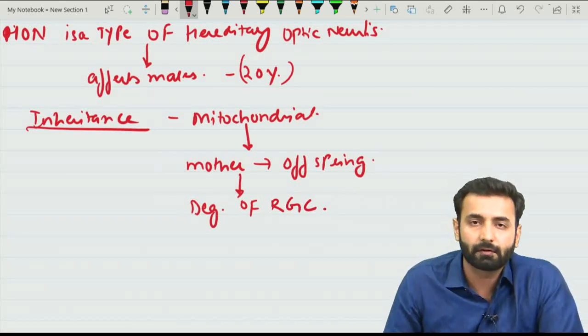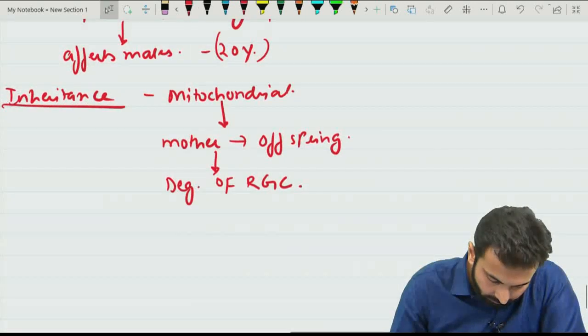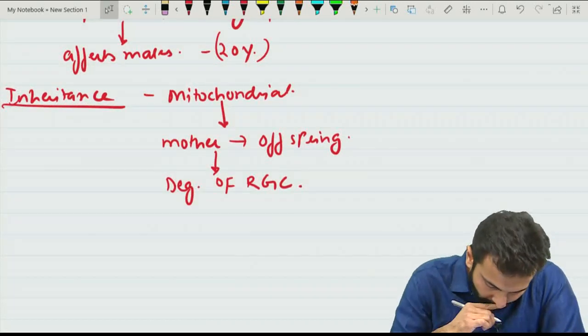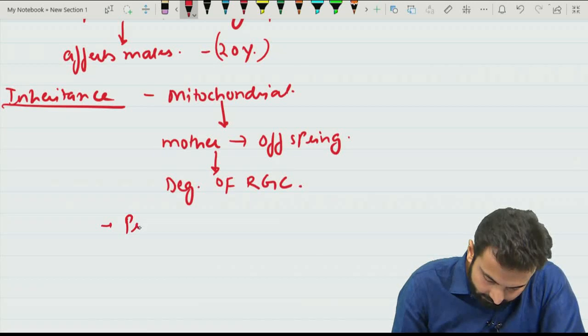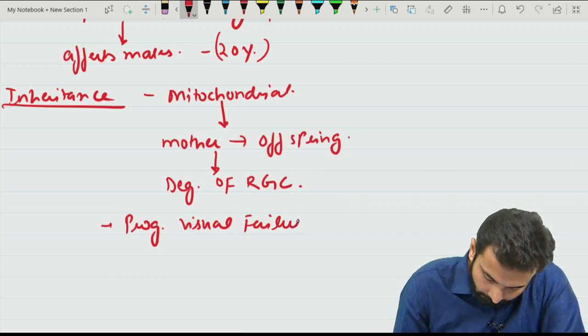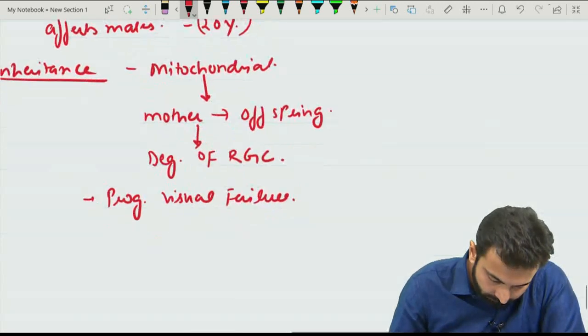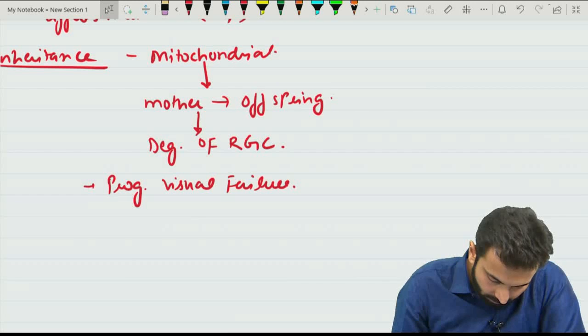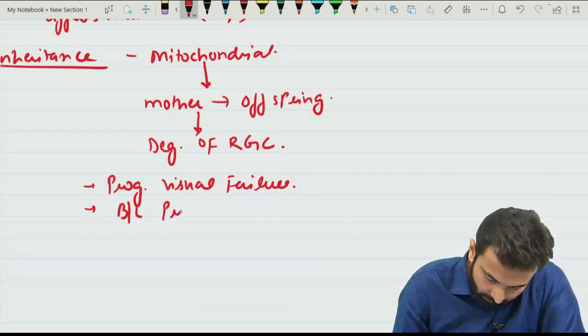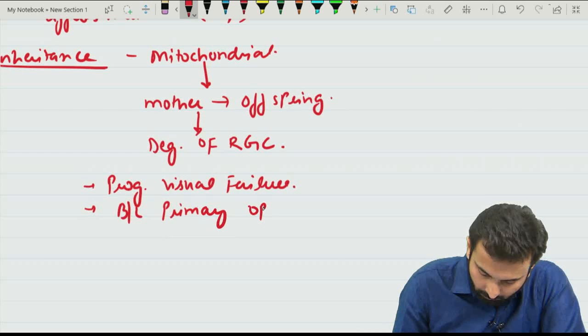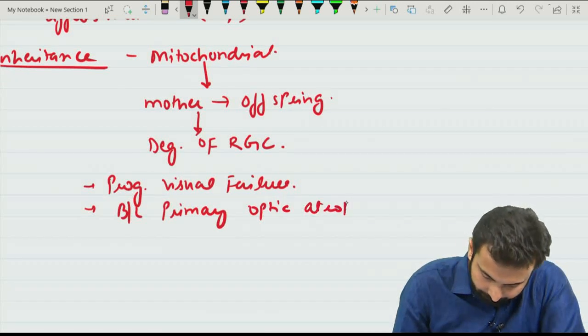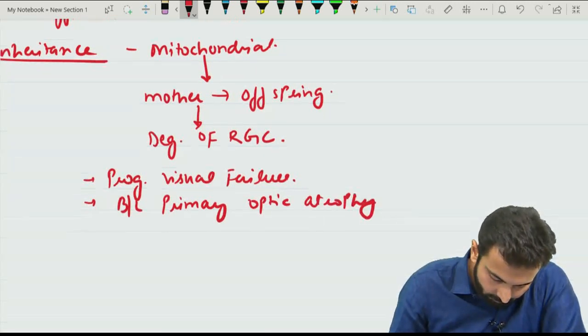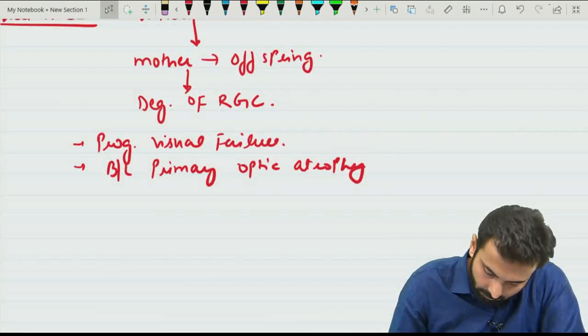Patients have progressive visual failure initially, and eventually the disc becomes pale, with bilateral primary optic atrophy.